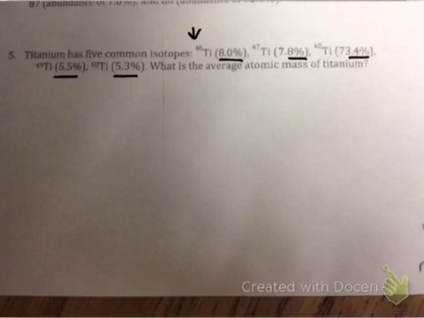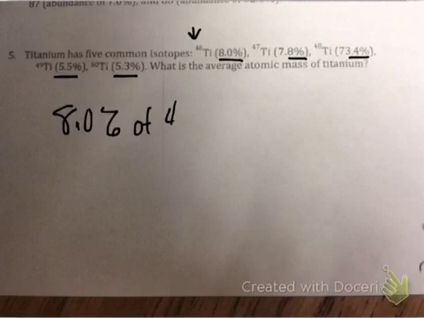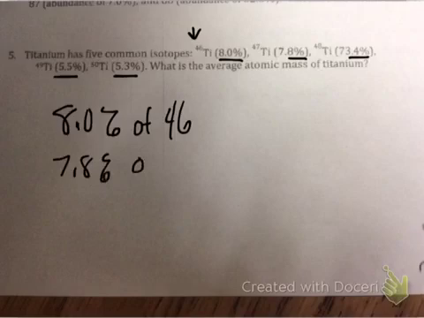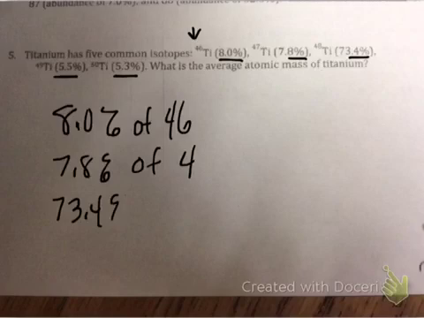So the first one says we have 8.0% of the isotopes of titanium have a mass of 46. 7.8% of them have a mass of 47. 73.4% of them have a mass of 48.